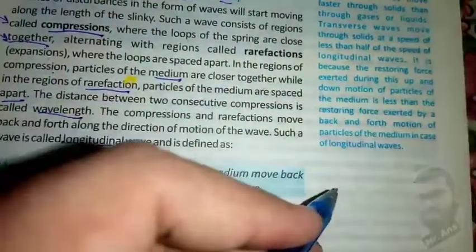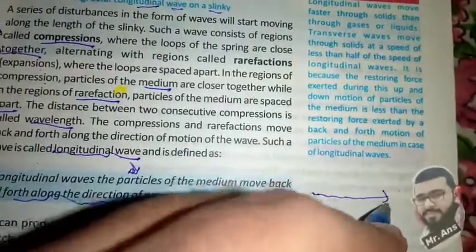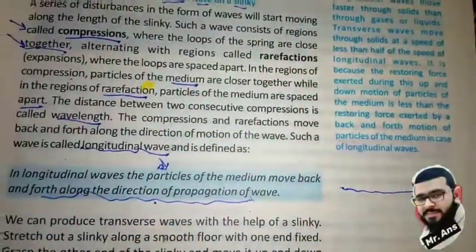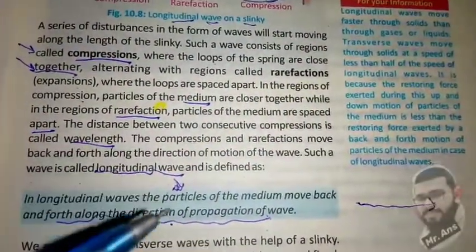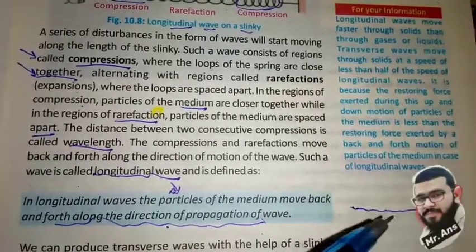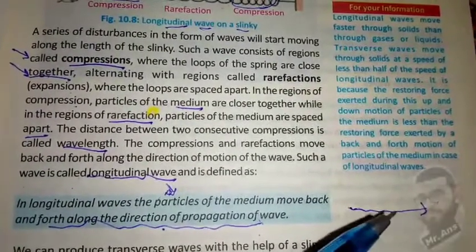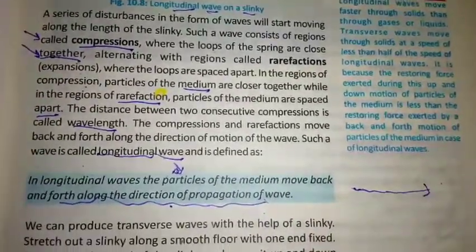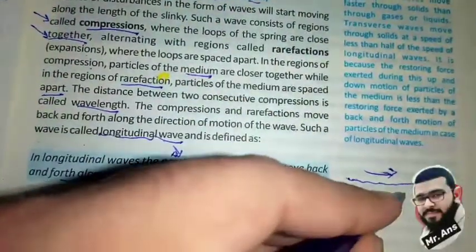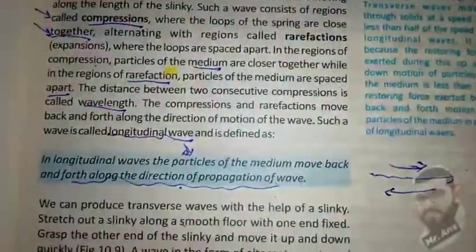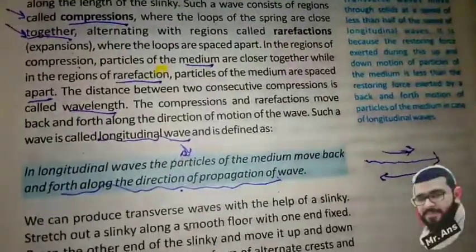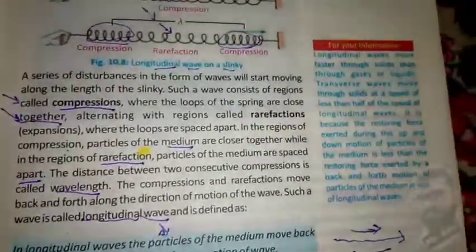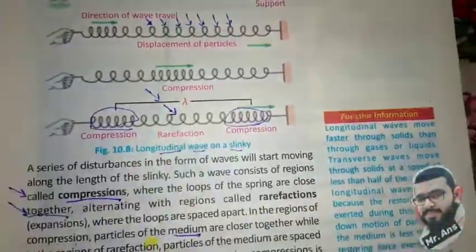You can say if this wave is moving in this direction, the particles of the medium move back and forth along the direction of the wave. So particles move to and fro during this phenomenon. In longitudinal waves we see compressions and rarefactions, and between them we have a wavelength.